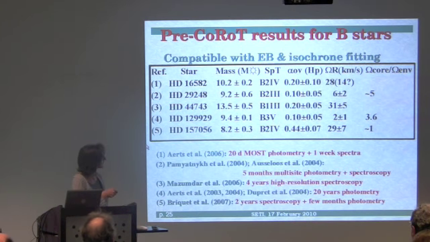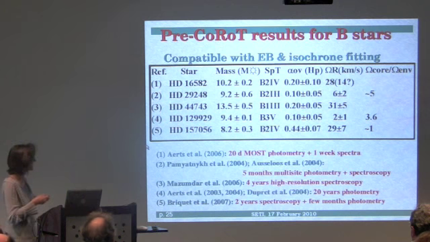These are the first results, and these are the results of the rigidity of rotation in the stellar core compared to the envelope by this Doppler shift change of frequency type reasoning.